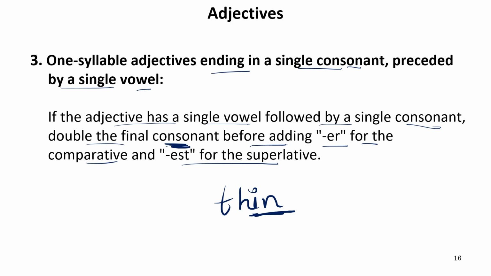So in this case, to convert this into comparative and superlative degree, we just double the last consonant, that is thinner or thinnest. So this is the rule for how to convert a word into comparative and superlative respectively.